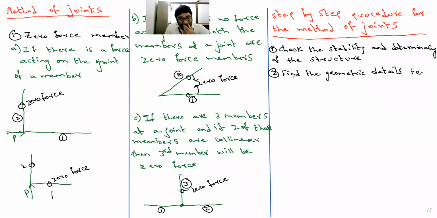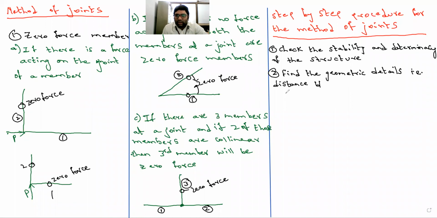That is the distance between the joints, comma, unknown inclinations.